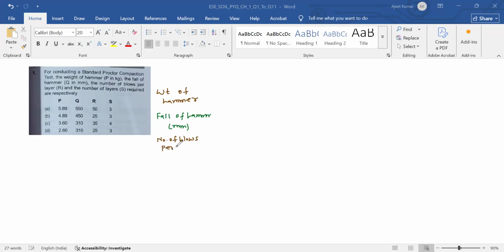Fourth is volume of mold, volume of mold in cc, cubic centimeter. And the fifth one is energy per unit volume.